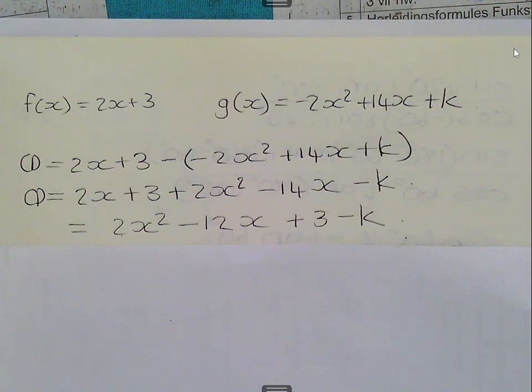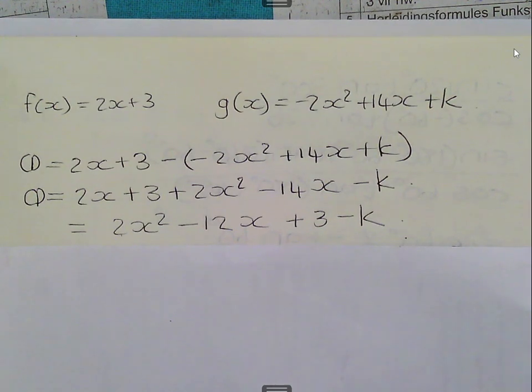But now we have q. q is 5. But we want to find the value of k. So we're going to have to find an expression to find q and then let it be equal to 5.